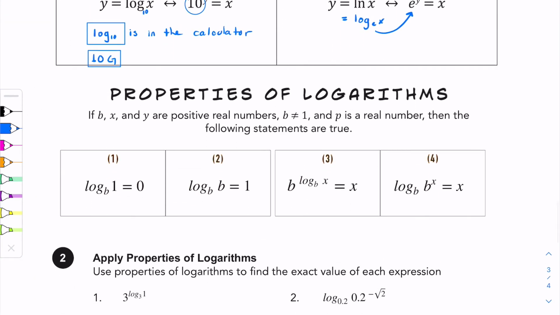All right, properties of logarithms. We're going to go over 4 of them. There are more than this, but on today's notes, we're just going to look at these basic 4 properties. The first property says that log base b of 1 is equal to 0. That's for any base.